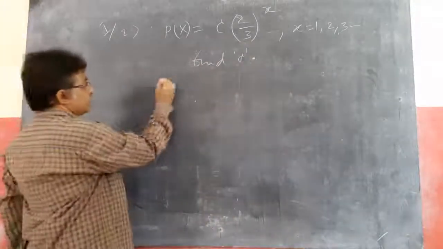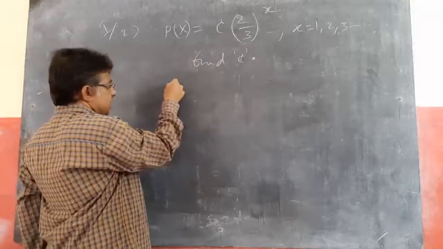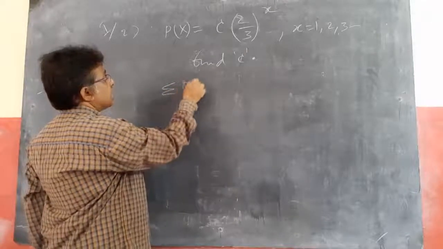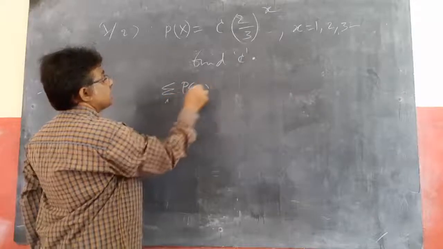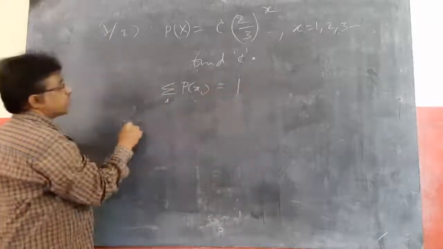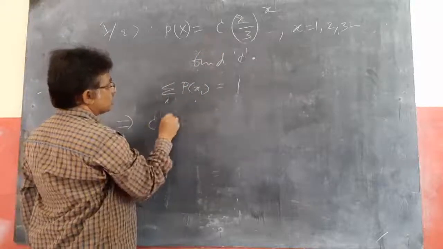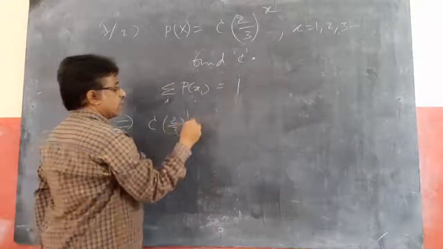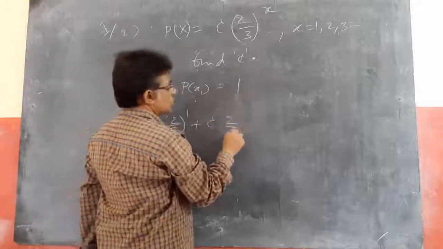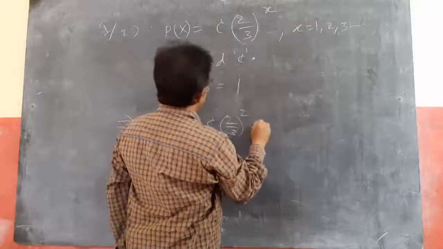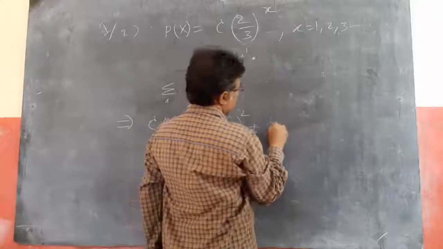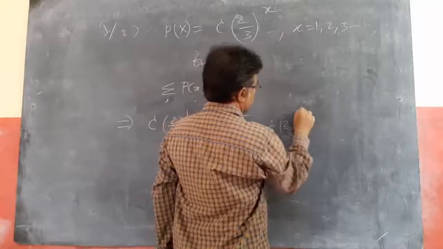Same method as before: always sigma P of x i for every i is equal to 1. So if I substitute 1, it becomes c into 2 by 3 whole power 1, plus c into 2 by 3 whole square, plus c into 2 by 3 whole cube and so on till infinity.